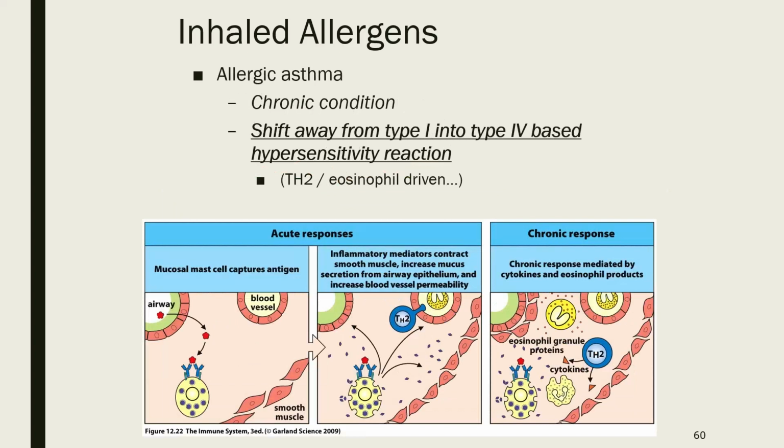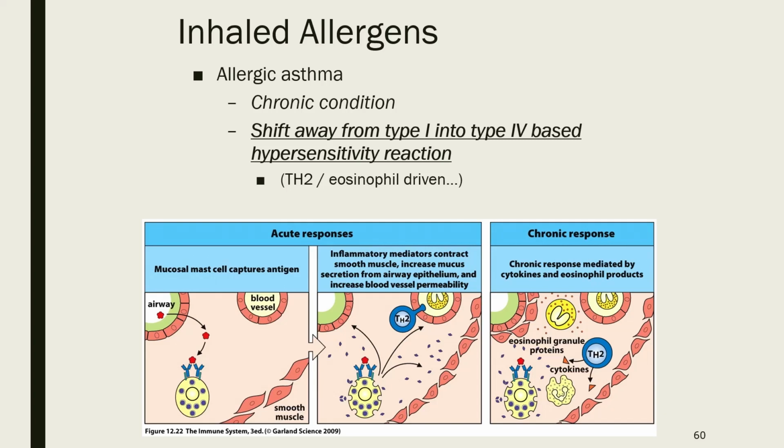Now, what if these allergens persist in the system? Eventually it leads to a more chronic condition, allergic asthma. That would be the term. So the reaction is really shifting from type 1 into type 4 bases.